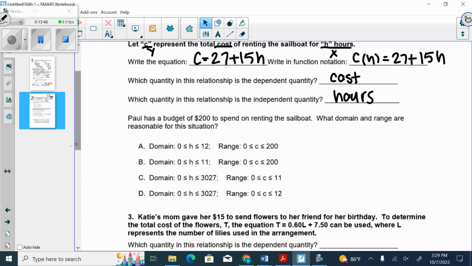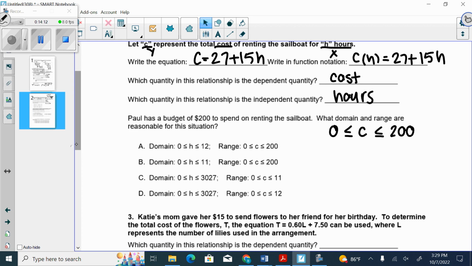We know how much money that he could potentially spend, right? They said that he could spend all the way up to how much? 200. What's the least he could spend? 0, right? So we know for a fact the most he could spend is 200 and the least he could spend is 0. And this is cost we're talking, right?